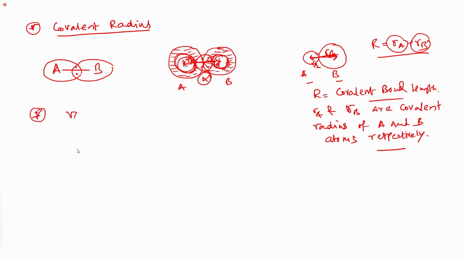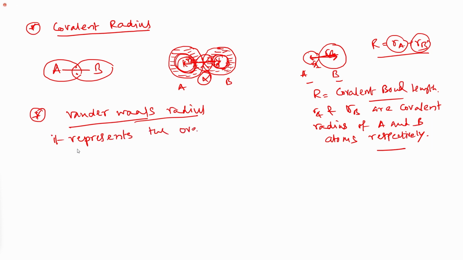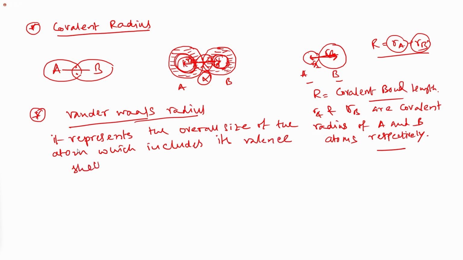Now, van der Waals radius. Van der Waals radius represents the overall size of the atom, which includes its valence shell, in a non-bonded situation.